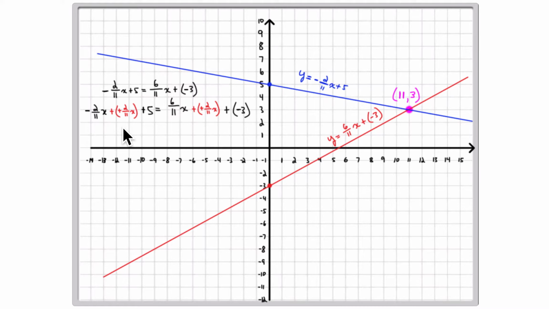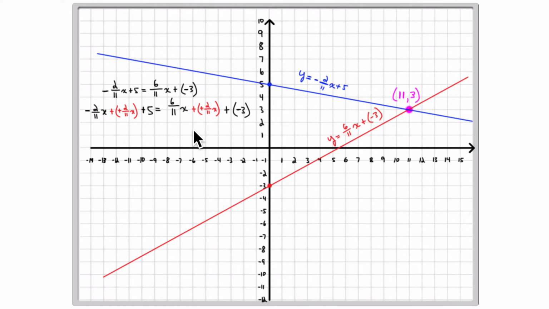It just makes my life easier, and I never get confused with positive and negative numbers. So to get rid of this -2/11 x, you're going to add its additive inverse, which is a positive 2/11 x. You do the same thing over here. So this is going to end up being a positive x. It's going to end up being a positive 8/11 x.